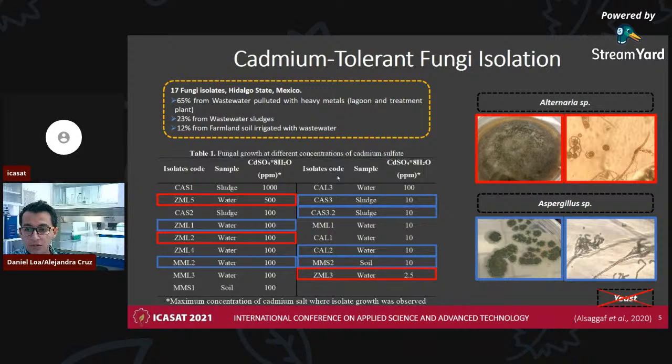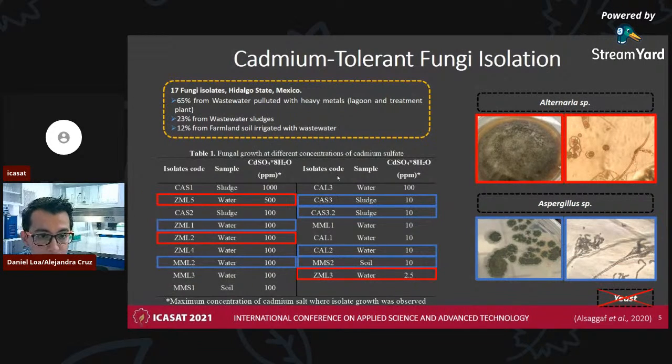The isolates were evaluated for their tolerance to different cadmium concentrations. As can be observed in Table 1, the higher proportion of isolates were able to grow at 100 ppm of cadmium salt, whereas only 2 isolates were able to grow above 500 ppm of cadmium salt.